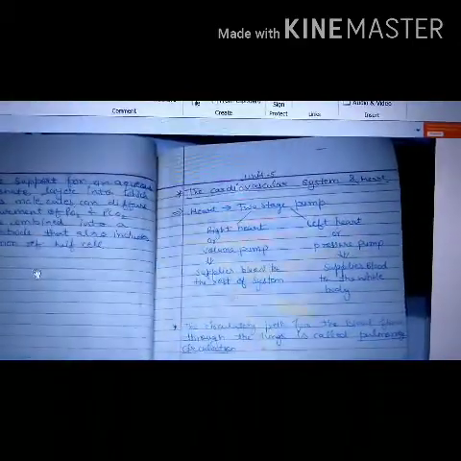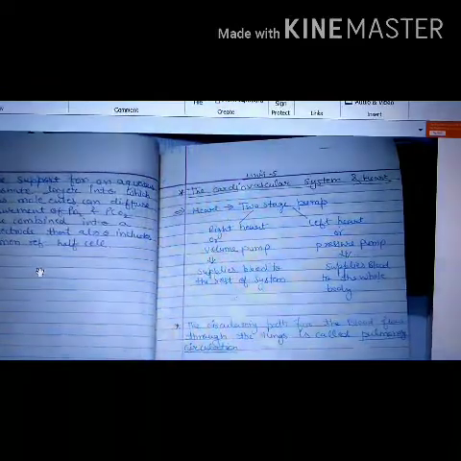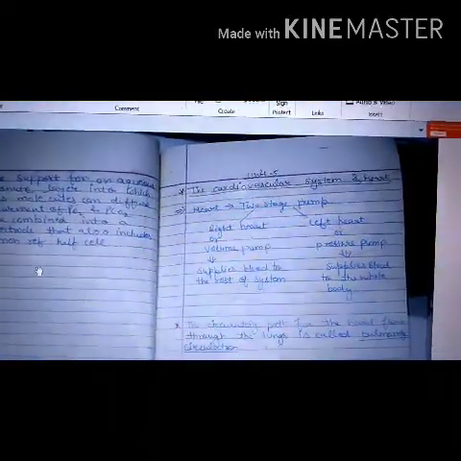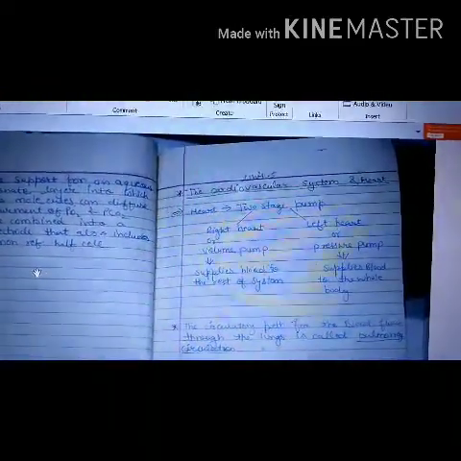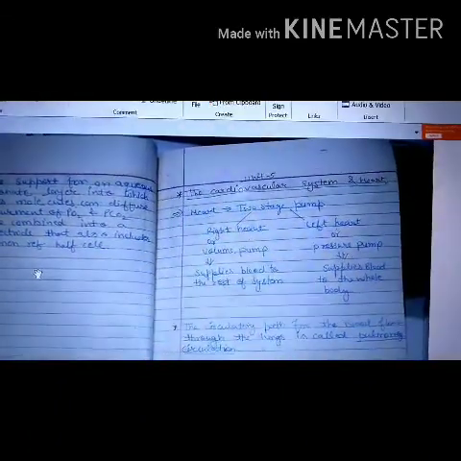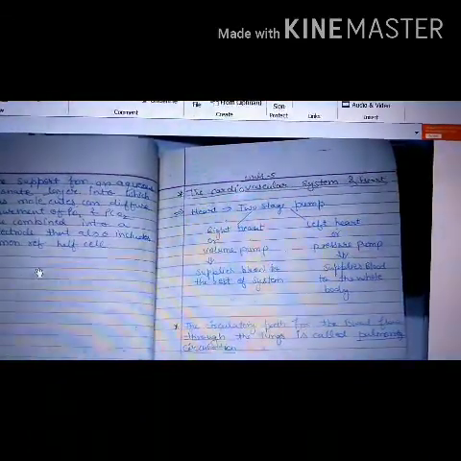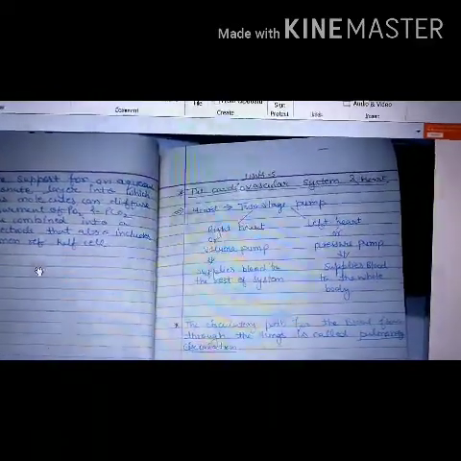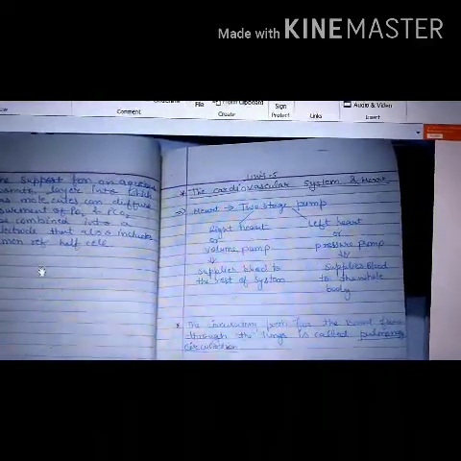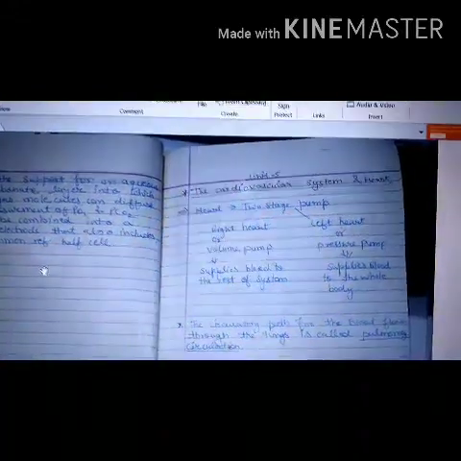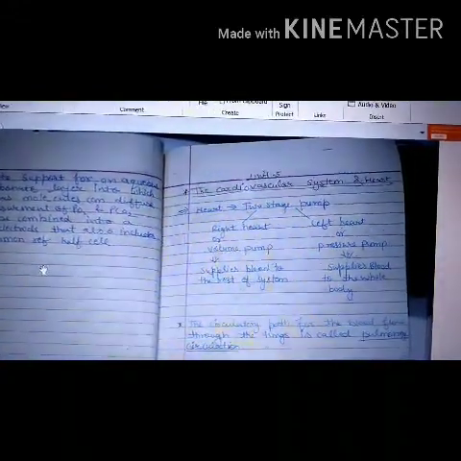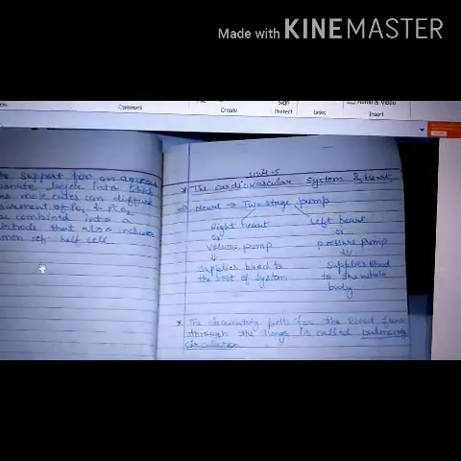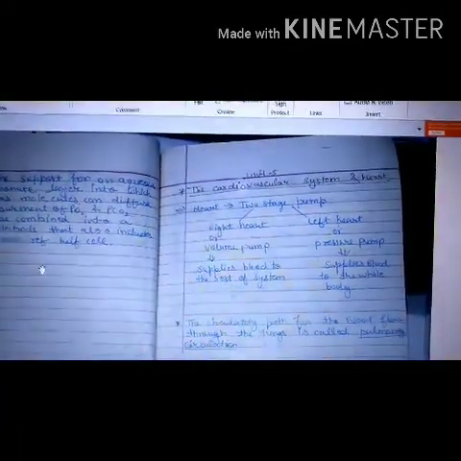Right heart is also known as volume pump, and it supplies the blood to the rest of the system. That is, this is the part which is responsible for purifying or oxygenating the blood flow and sending the blood throughout the lungs and getting it oxygenated and coming back to the left heart.